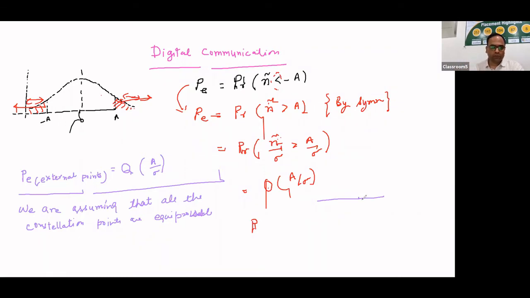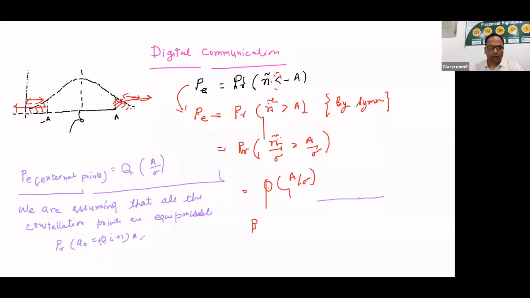If we are having M symbols, then the probability to have any symbol, so you can write down the probability of being A naught is equal to any symbol, which we can write as plus minus (2i plus 1) into A, because you are having plus A and minus A both, right?